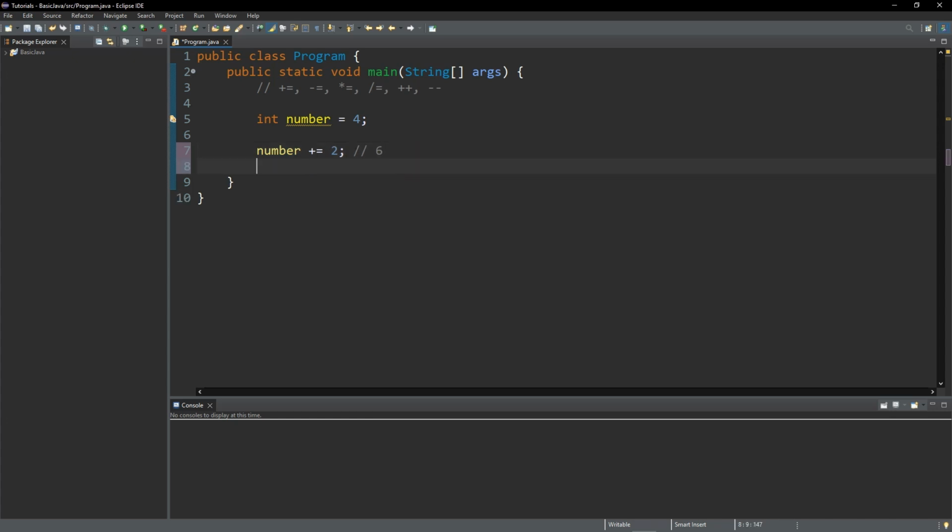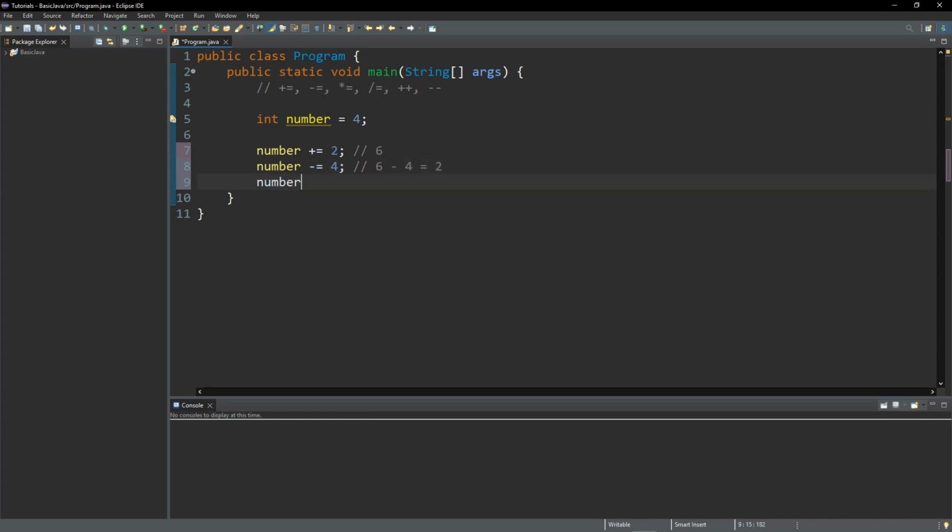Let's go ahead and try minus equals 4. What this does is it takes this newly created 6 and subtracts 4 from it. So now it's 6 minus 4, which equals 2.